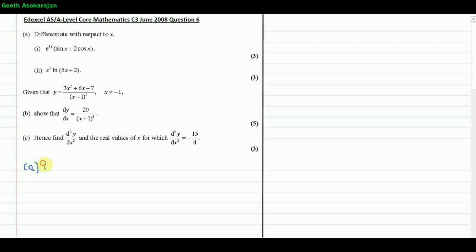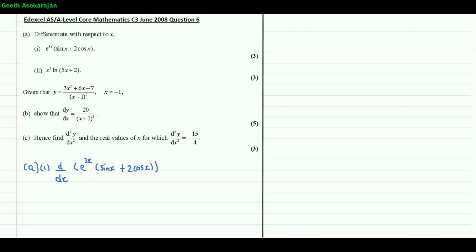So we need to differentiate, and let me copy that down, the function e to the 3x into sine x plus 2 cos x. Now, as you can see, we have a product of two functions, both in terms of x, so we need to use the product rule in this case.